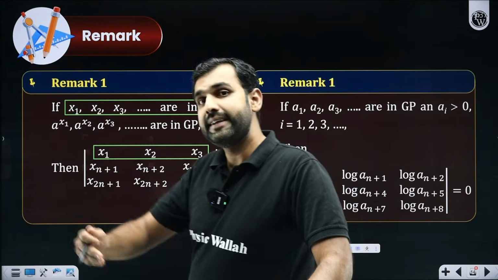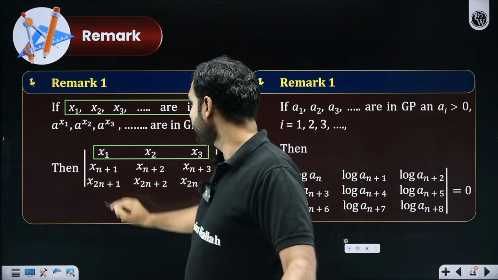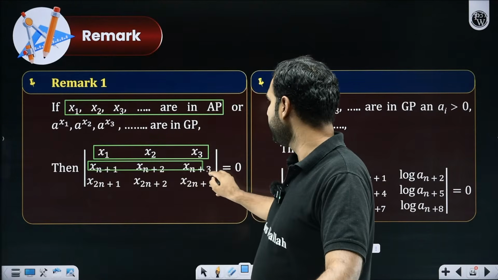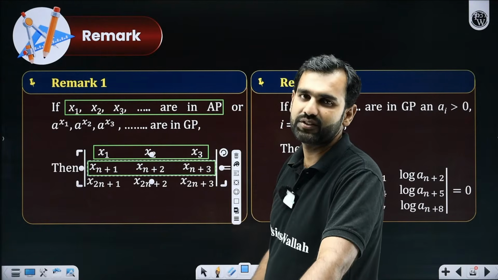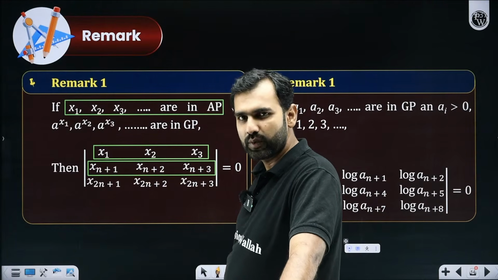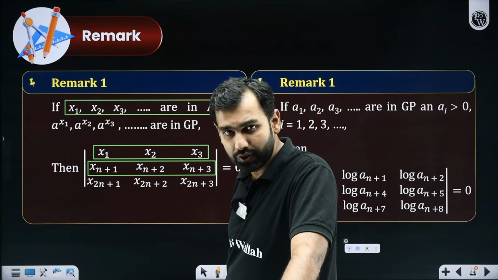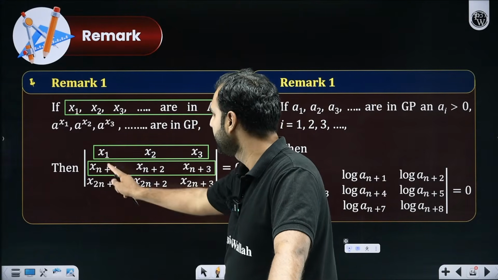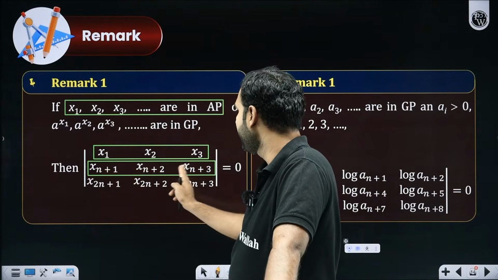Then I move n terms ahead, and then I choose the xn plus 1th term, xn plus 2th term, and xn plus 3rd term. For example, the first 3 terms I have chosen x1, x2, x3 of an AP for the first row. Second row is x11, x12, and x13.